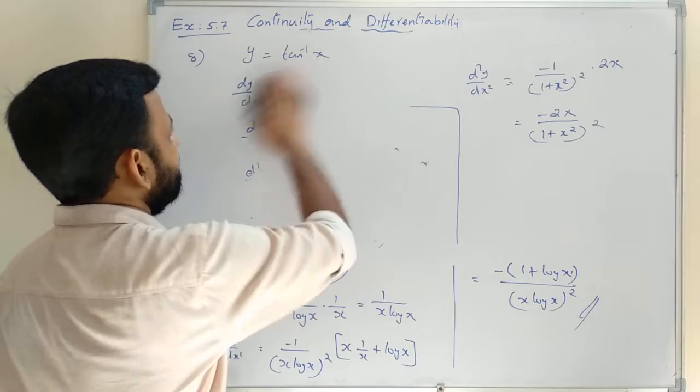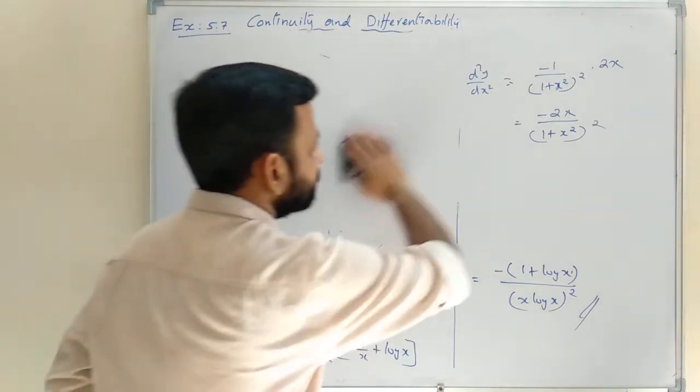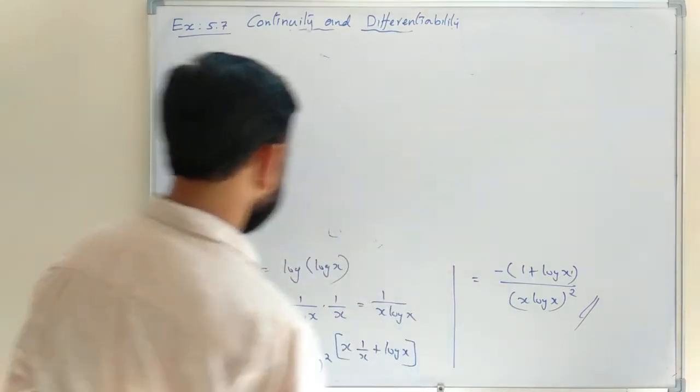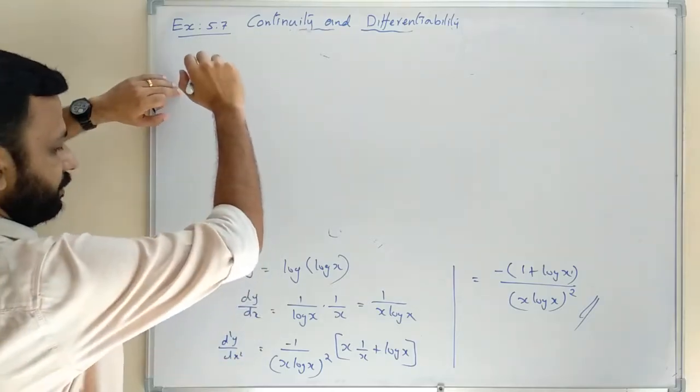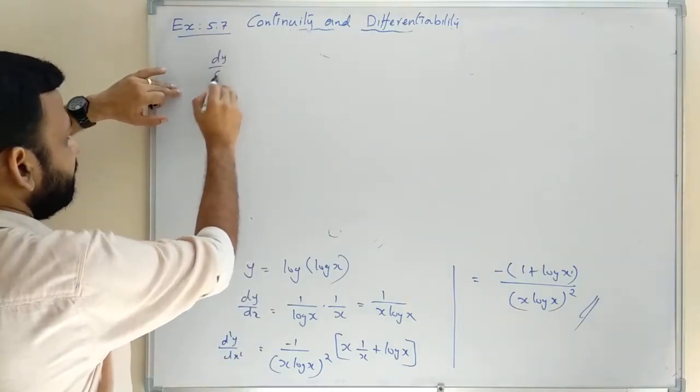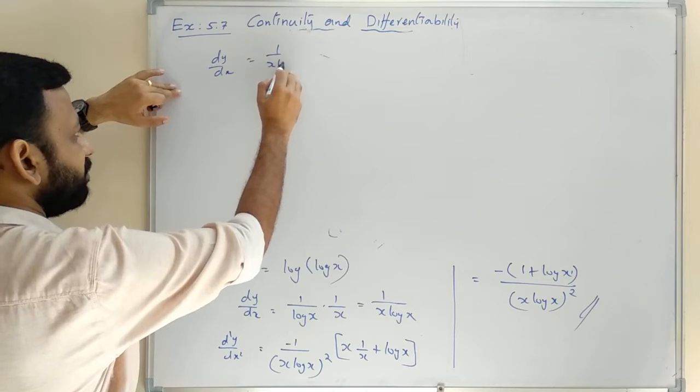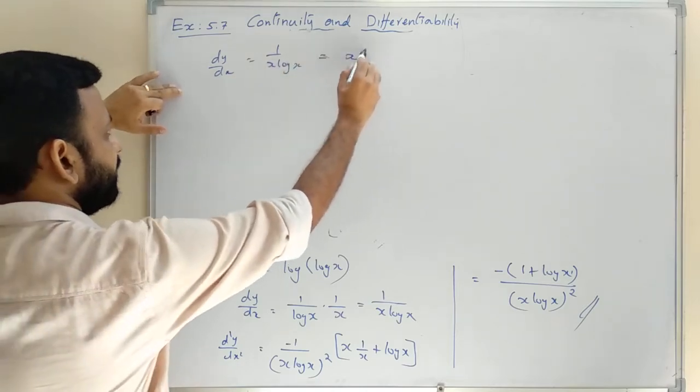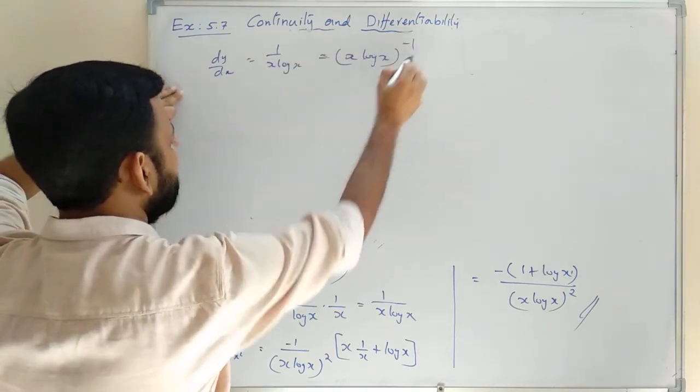Or we will do the same question. dy by dx we got here. dy by dx is equal to 1 upon x log x, that is equal to x log x raised to the power minus 1.